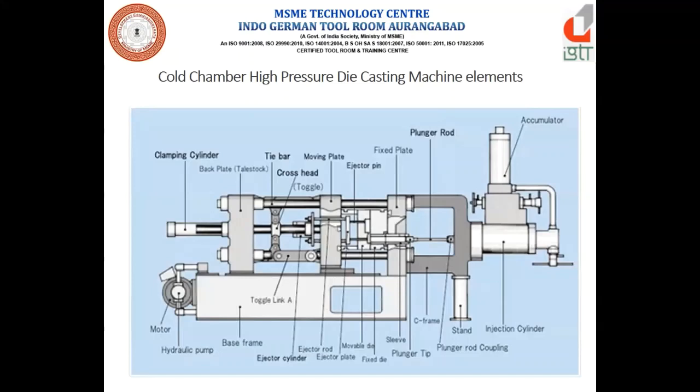Next structural part is the tie bar. So generally all machines have four tie bars. This holds the complete structure, all platens together, and allows the movement.